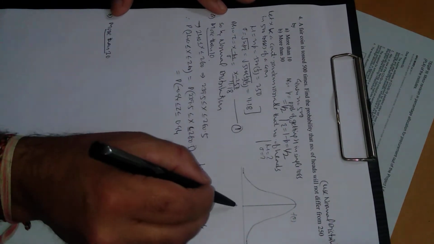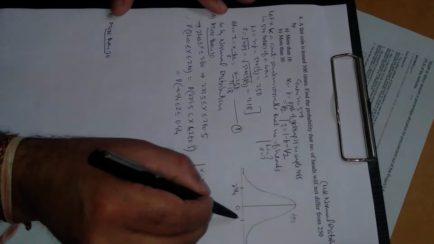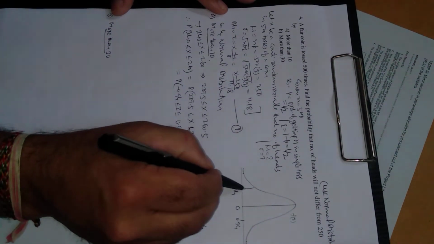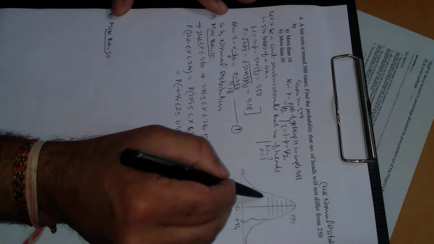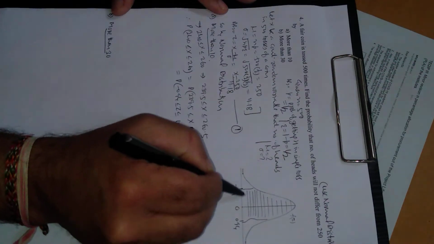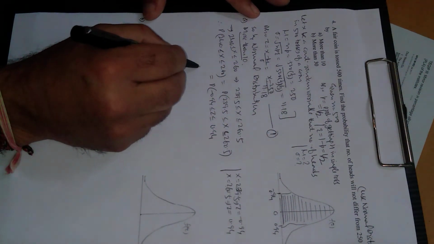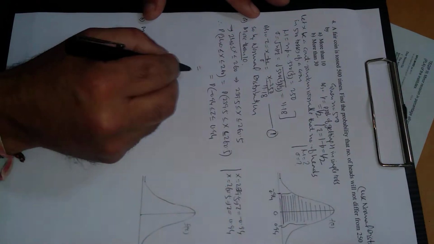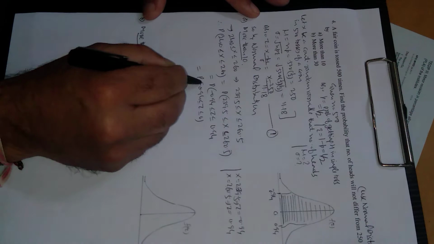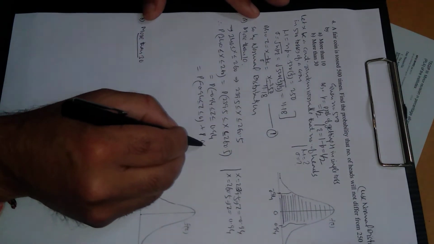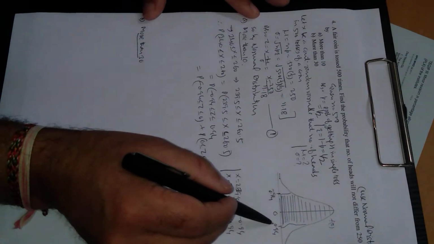You can see here this is 0, this is minus 0.94, and this is 0.94. It means we have to find the probability or area under this shaded portion. From the diagram, clearly this can be split into two parts: minus 0.94 less than z less than 0, plus probability 0 less than z less than 0.94.